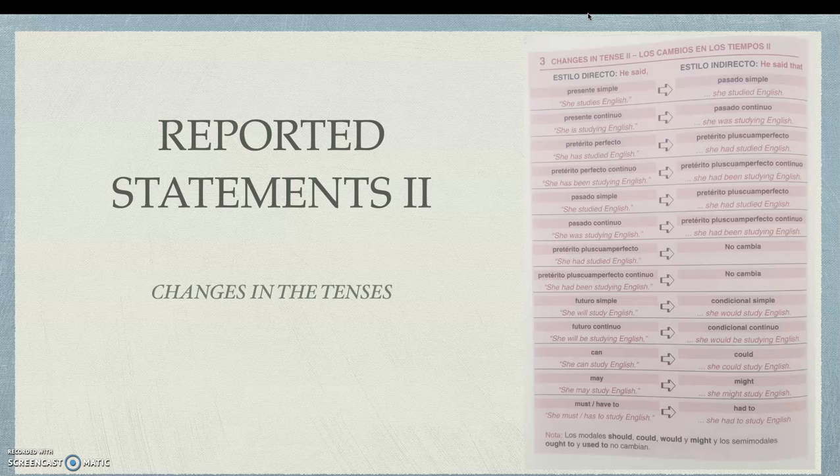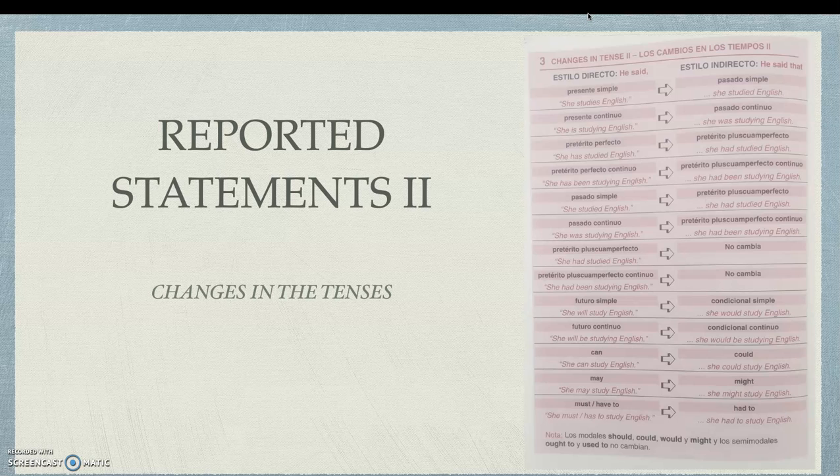Past continuous, she was studying, becomes a past perfect continuous, she had been studying. The past perfect and the past perfect continuous don't change because there isn't another tense which is further into the past than the past perfect. So they stay the same.